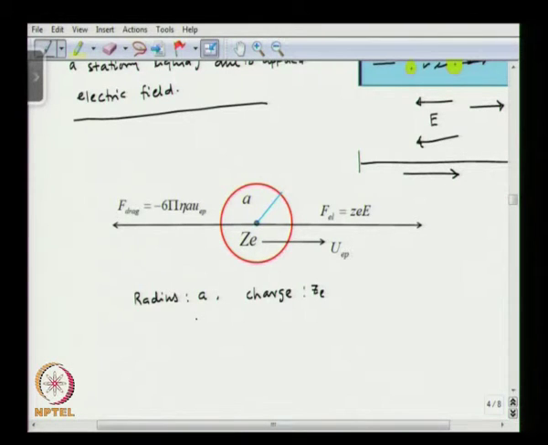We consider that this particle is in a medium which has a low electrical conductivity, so that we do not have any induced charge coming around the particle.